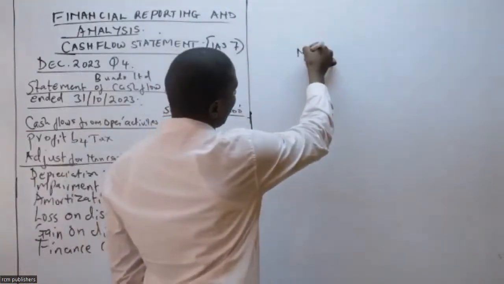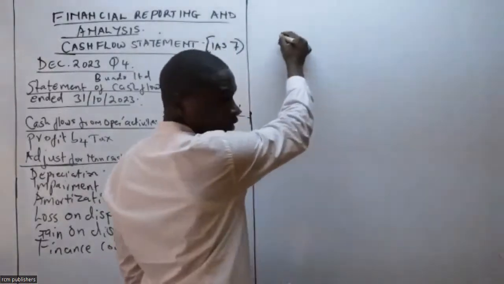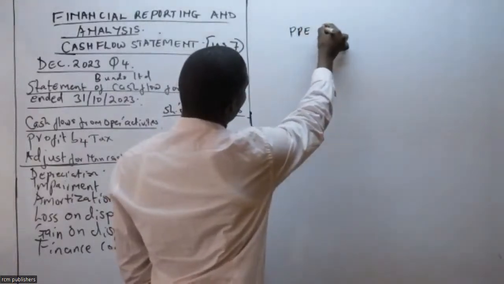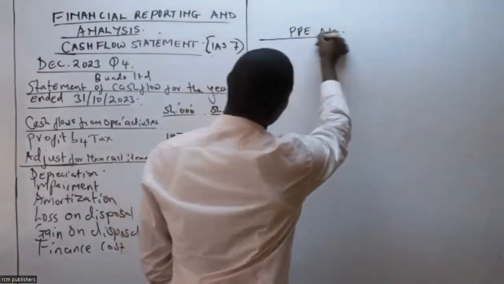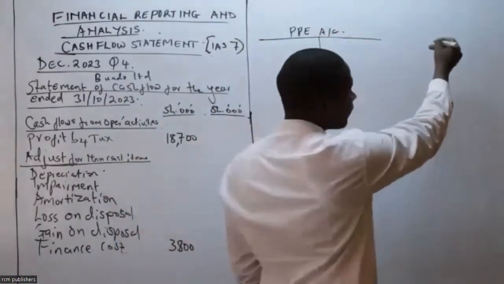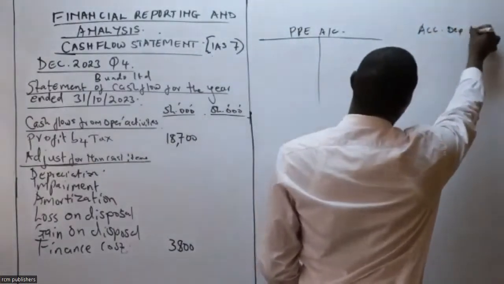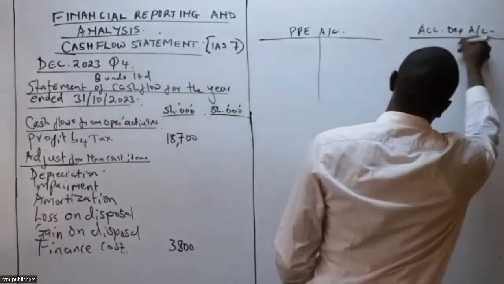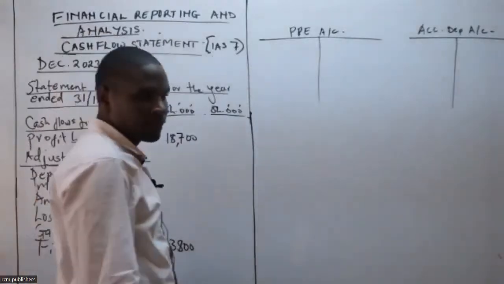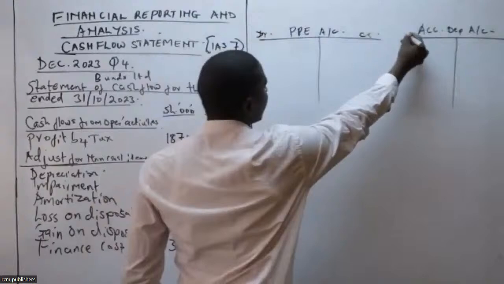So this is our PPE account, and then on the other hand, I have the accumulated depreciation account. This is very important for me. I remember I gave some people this work to go and do debit, credit.